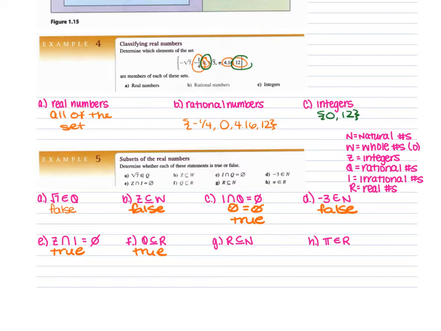This is false. Your set of real numbers includes fractions, which are not in the set of natural numbers. For H, it says pi is a member of R, so pi is a real number, and that is true.